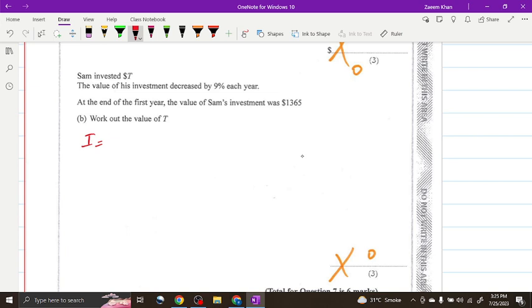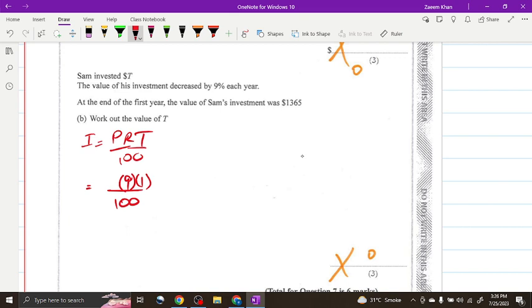What do we plug in this question? So time is 1. How much is the value of R? 9. 100 goes in over here as it is.